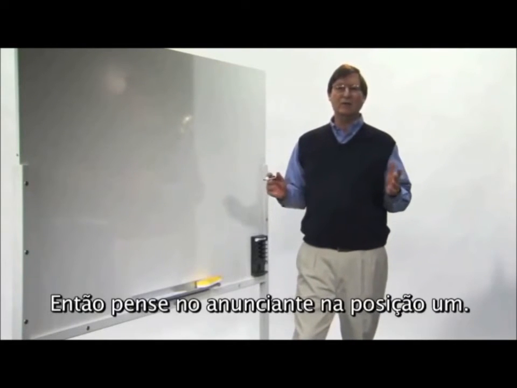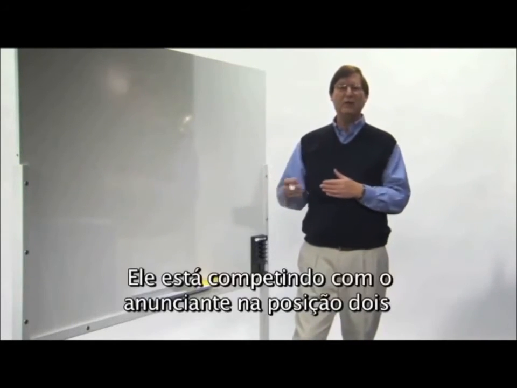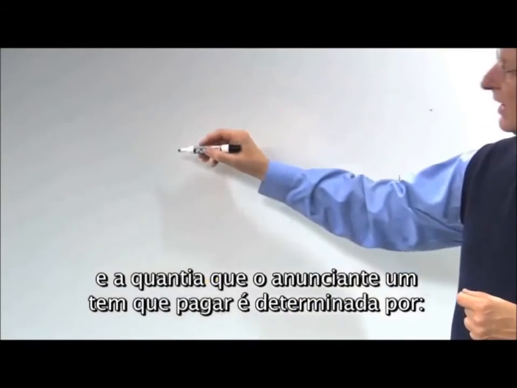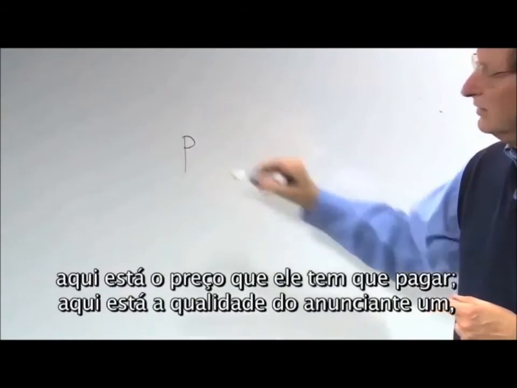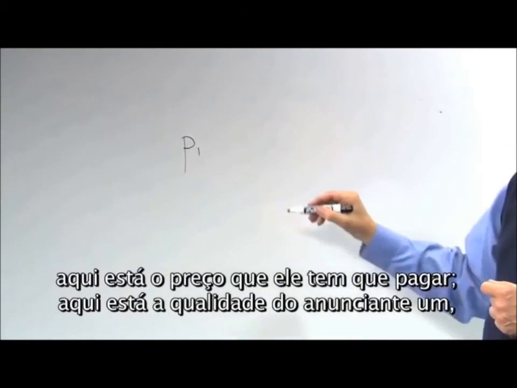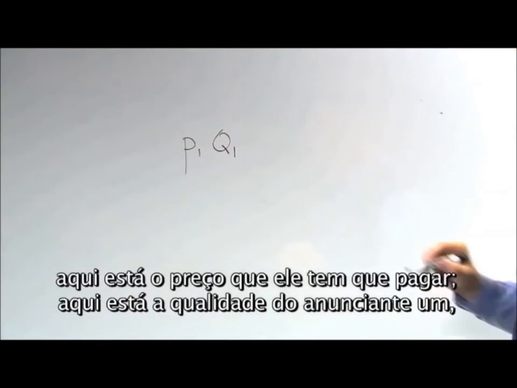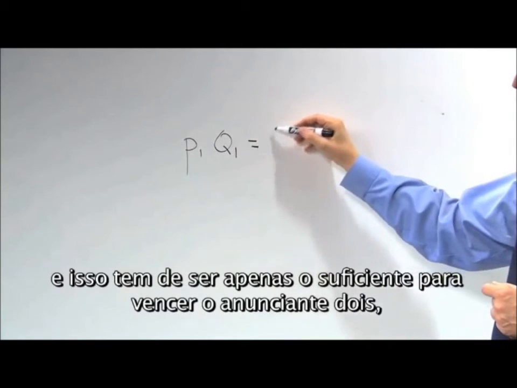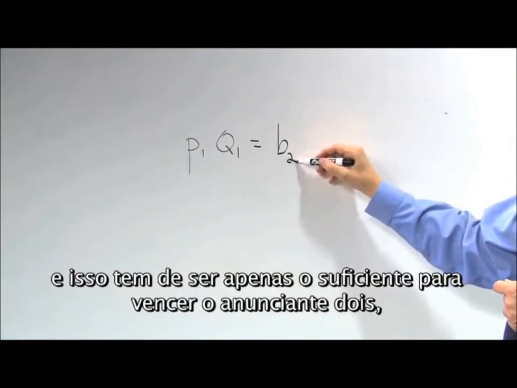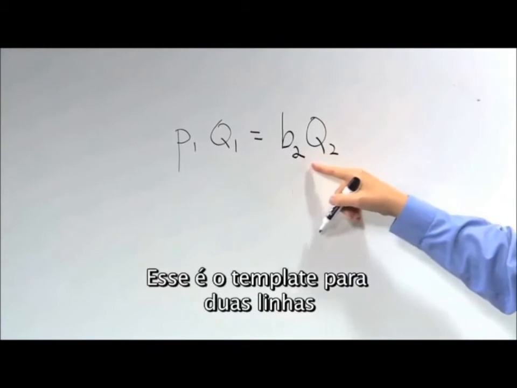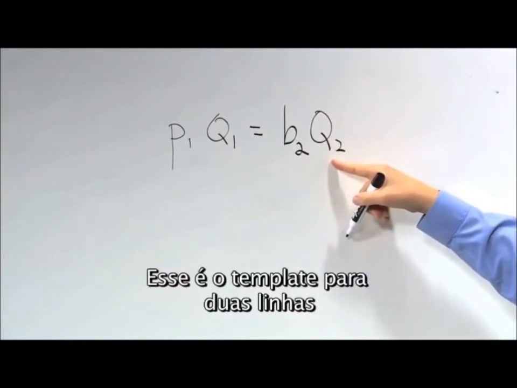So think of advertiser in position 1. He's competing with advertiser in position 2. And the amount that advertiser 1 has to pay is determined by, here's the price he has to pay, times the quality of advertiser 1, is going to be just enough to beat advertiser 2, who bids B2 and has quality level Q2.